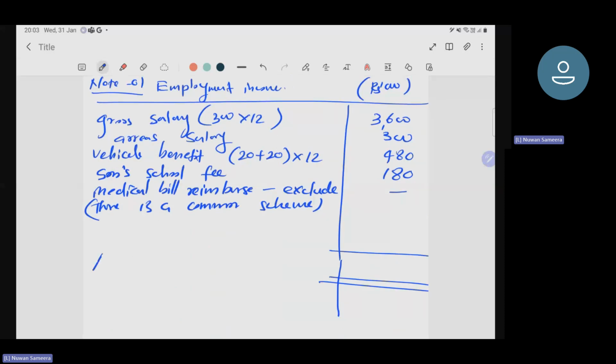Here you can get the assessable income from employment. Then what is the value?